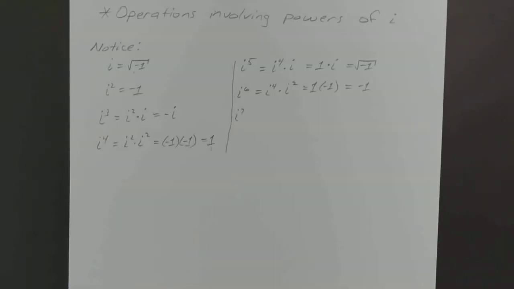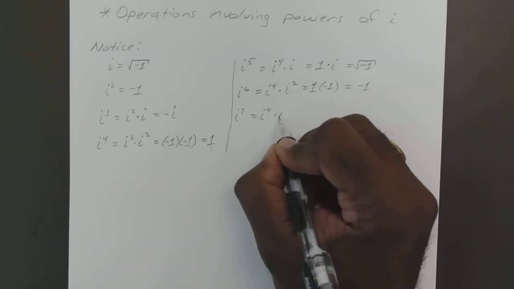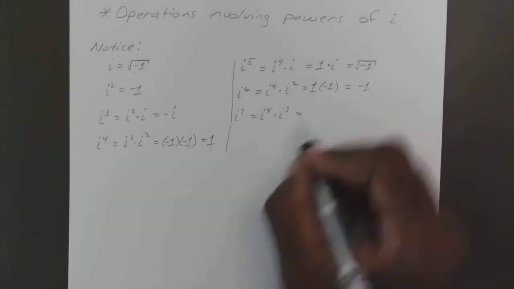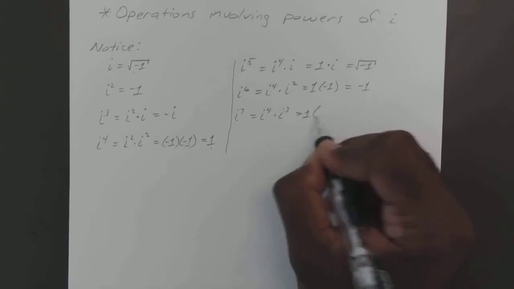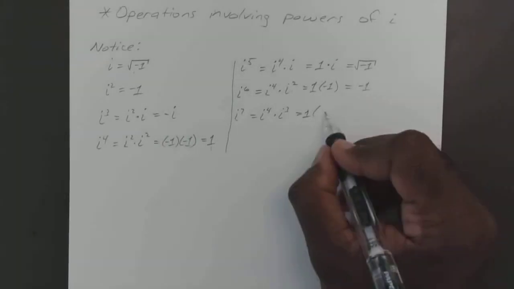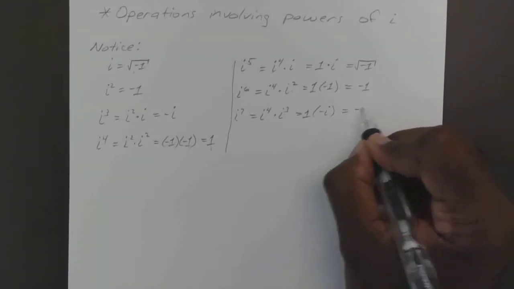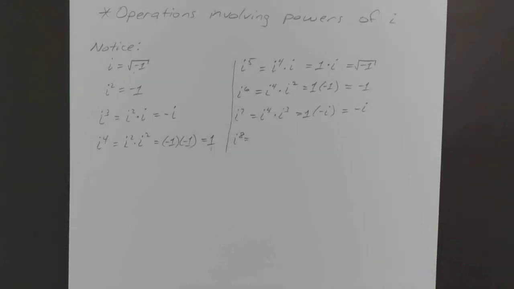Okay, so I to the seventh power, we can rewrite that as I to the fourth power times I to the third power. Okay, I to the fourth power, we already know that's 1. I to the third power, we already figured that out as -I. So that's just -I.